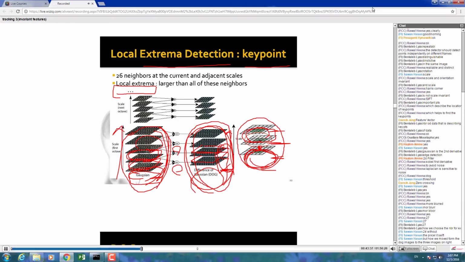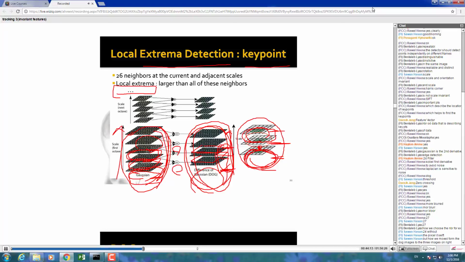Then from the bottom one, we select 1, 2, 3, because this local extrema is using 3 consecutive DOG layers. So from the first 3 DOGs, and then from the center DOG, we scan all the pixels and we can check the local extrema.